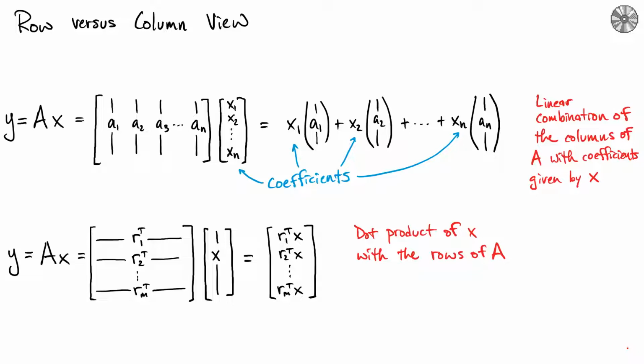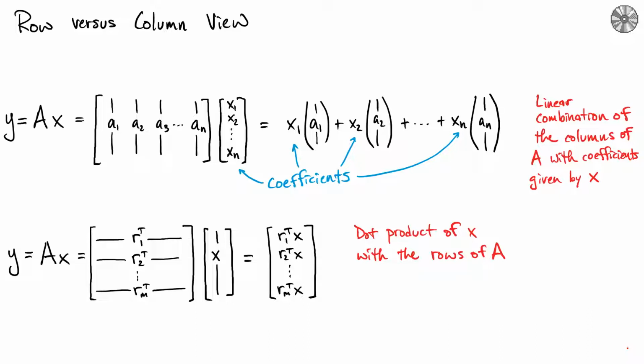We deal with linear systems of equations a lot when we're talking about linear algebra. And so it's interesting to reflect now that we have different tools to represent a linear system of equations in two different ways, and they have two different interpretations. So the equation y is equal to Ax, where y is a vector, x is a vector, and A is a matrix, can be interpreted as the columns of A being scaled and added together with coefficients given by the vector x.